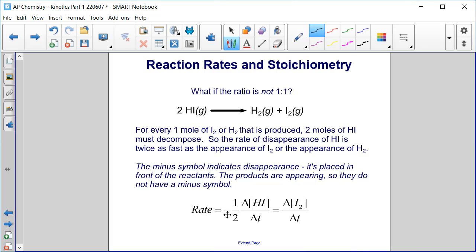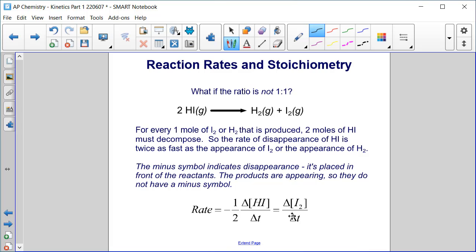Rate equals minus 1 over 2 times the change in concentration of HI over change in time, which will equal the change in concentration of I2 over time. The minus symbol again indicates the disappearance, placed in front of the reactants.